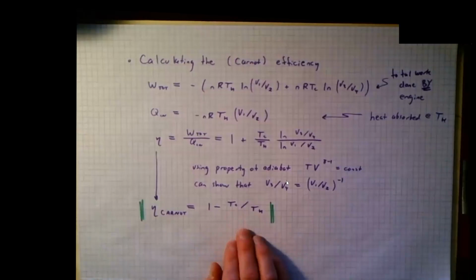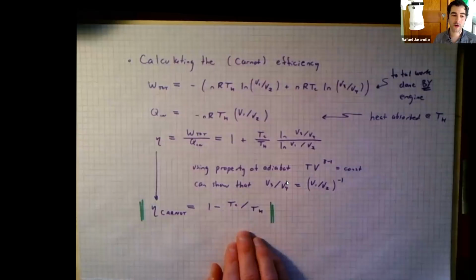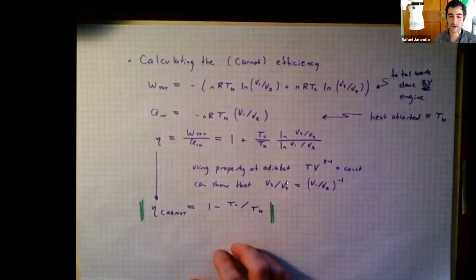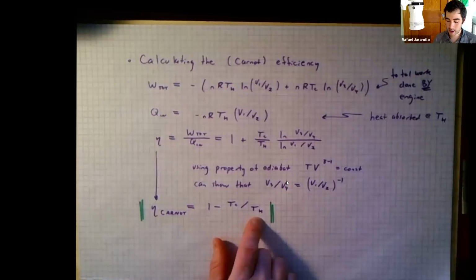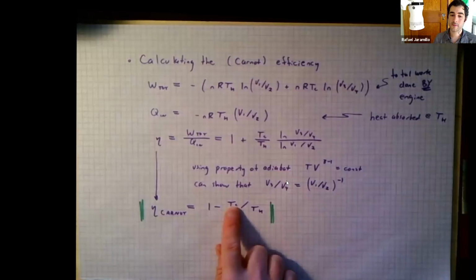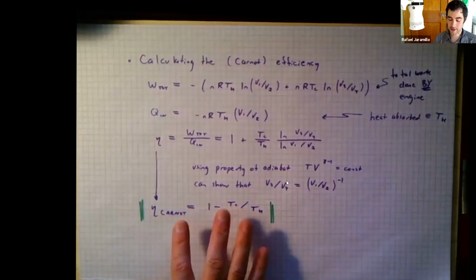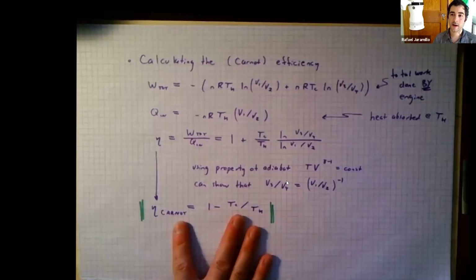So a lot of engineering decisions, which you will see if you go studying thermal engines, and we could talk about jet engines, we could talk about power plants. Let's talk about power plants. A lot of engineering decisions come down to trying to increase T hot and decrease T cold. Once you understand this is the theoretical limit, a lot of the designs make a lot of sense because you see what the engineers are trying to do.